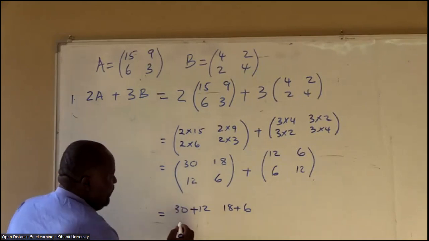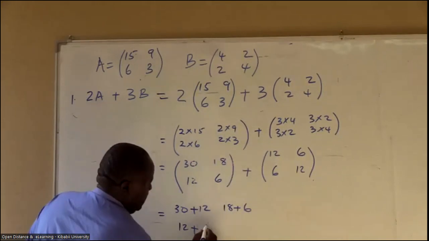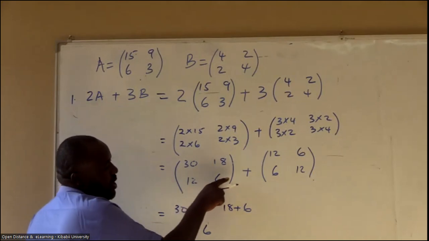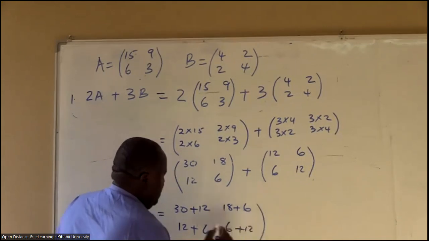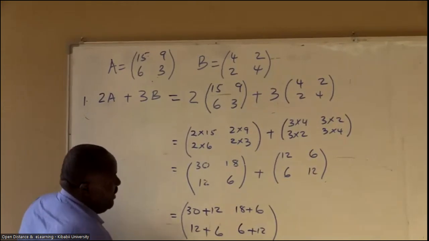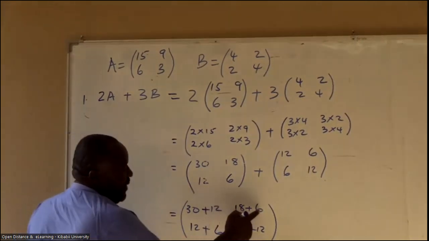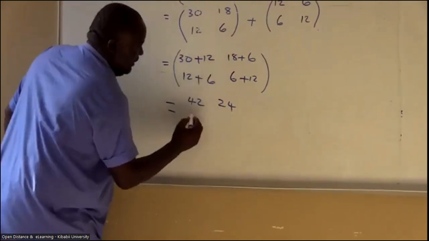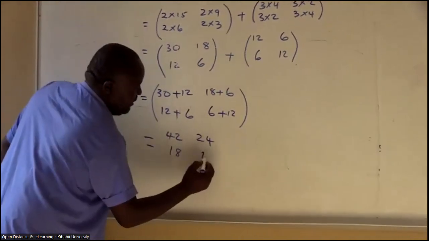Then 12 plus 6. Then for the second term, 6 plus the second term, 12. So if you add this, then you get 30 plus 12, that is 42. 18 plus 6, that is 24. 12 plus 6, 18. 6 plus 12, 18.